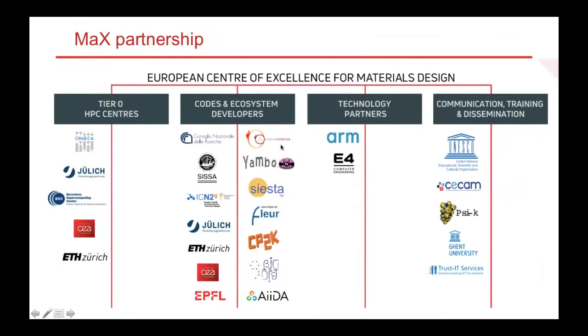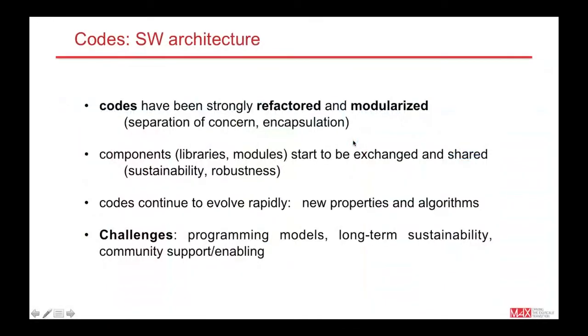Importantly, again, you see these six flagship codes. Basically all the main developers of these codes are on board, and this is pretty important for this kind of activity, plus some supercomputing centers, actually the five biggest supercomputing centers in Europe, those that are hosting tier 0 machines, plus hardware integrators like ARM and E4 and so on.